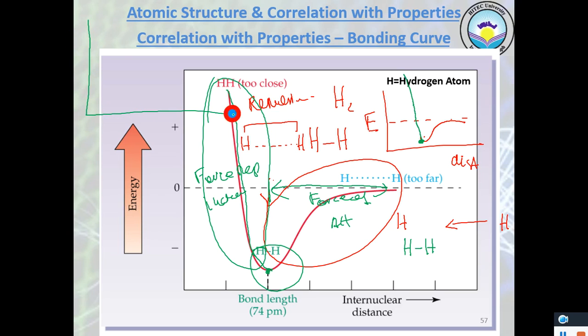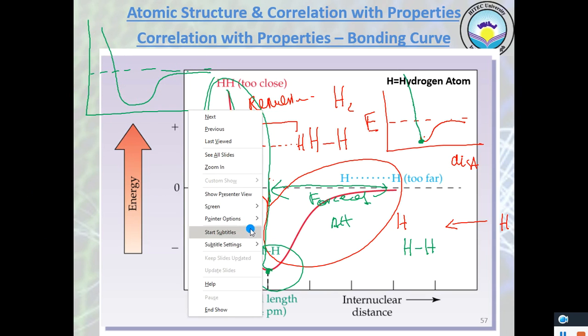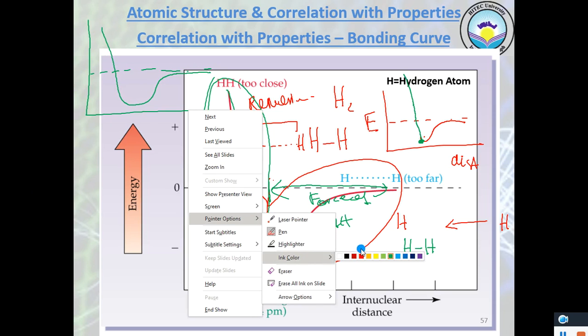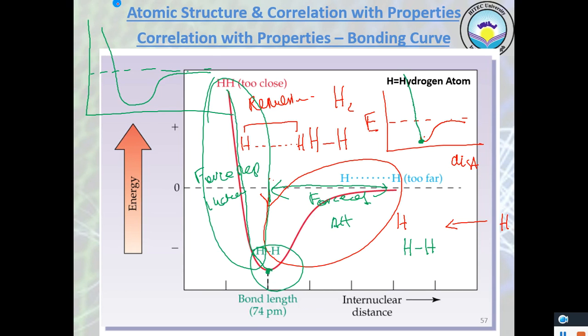Assume I have two peaks for two atoms, this is one bond curve and this is another bond curve. Okay, so these are two different steepness curves with green and red line.